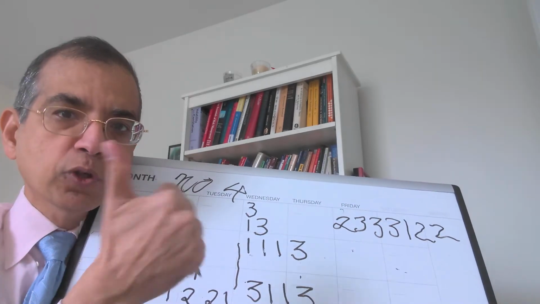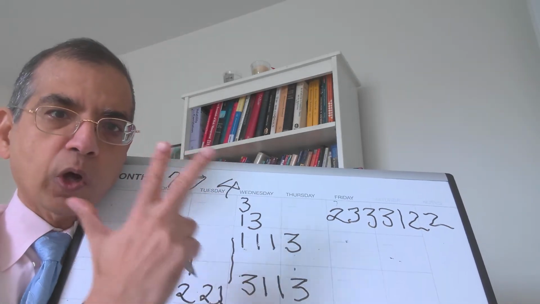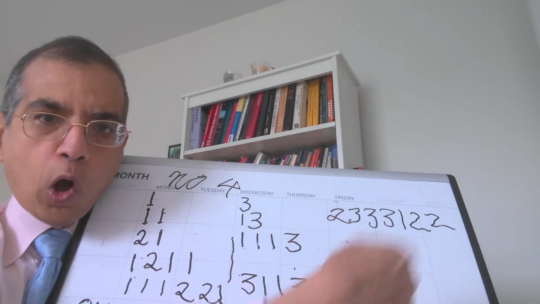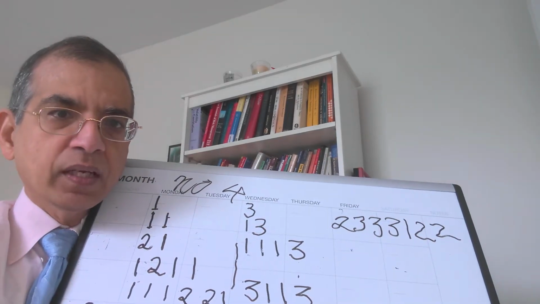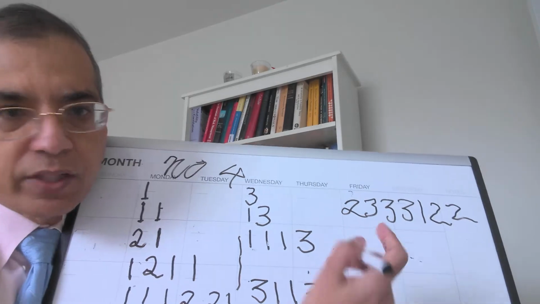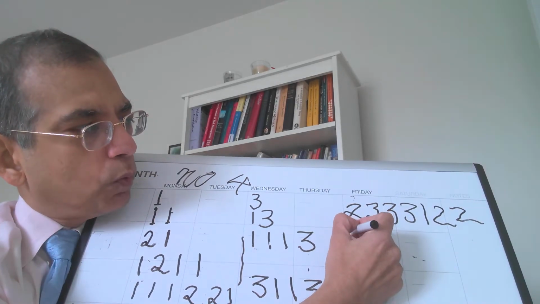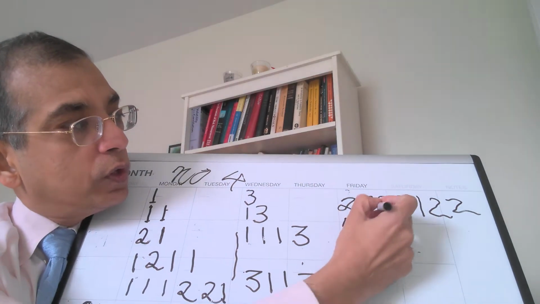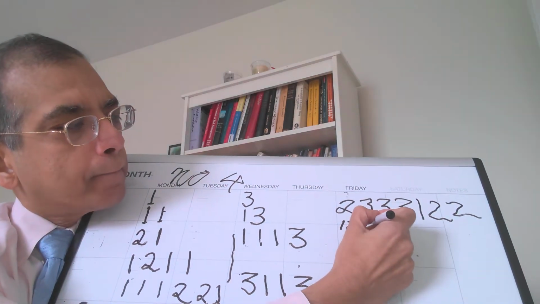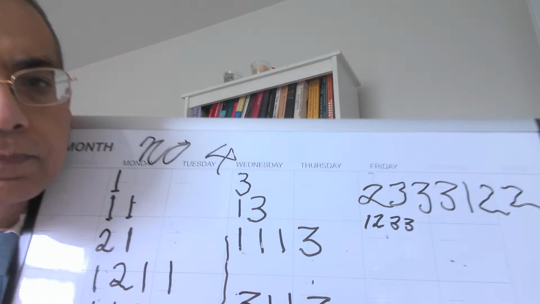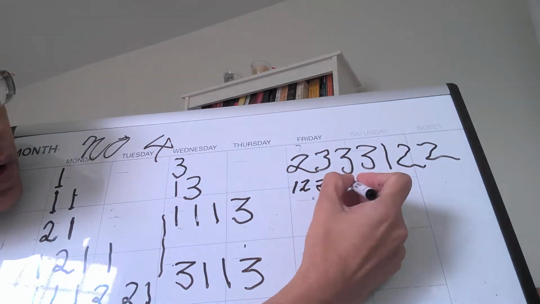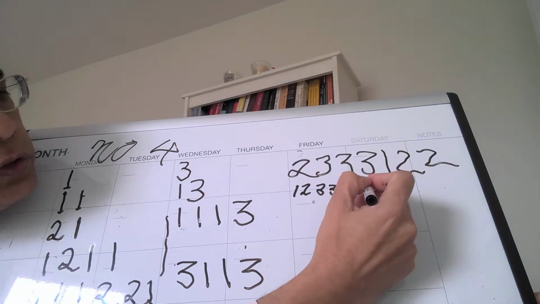We have only used 1, 2, or 3. And you go on and look and say. It's going to get a little cramped, but we will try and look and say what happens to this sequence. 1, 2, 3, 3, 1, 1, 2, 2.